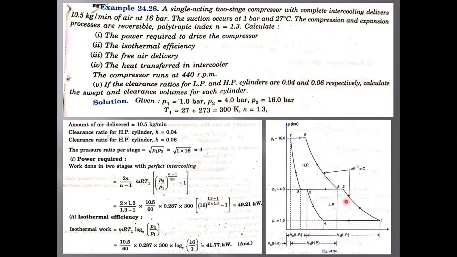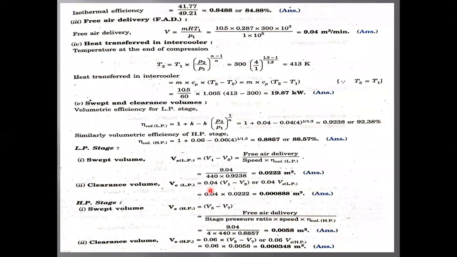So better draw the diagram and give your own numbering. Numbering doesn't matter, but while taking this, that only matters, whether it is V1 minus V3 or V1 minus V5 like that. Up to here is the first low pressure cylinder, and this is the swept volume. Until here we have the swept volume for the low pressure cylinder, right?